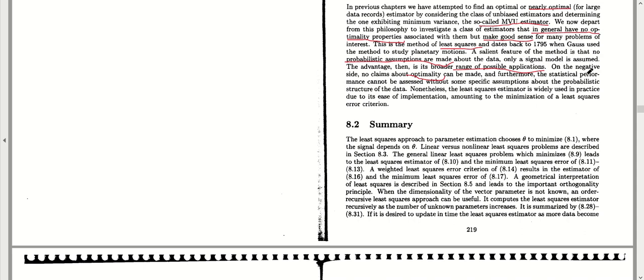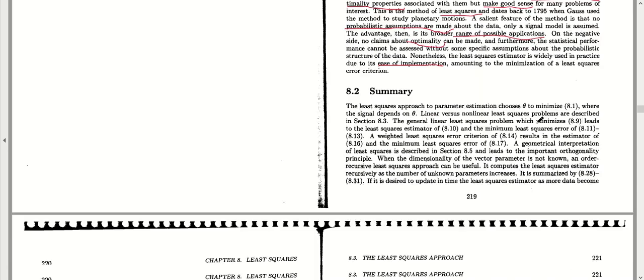And also the statistical performance cannot be assessed without more specific assumptions about the probabilistic structure of the data. However, the least square estimator is widely used in practice due to its ease of implementation. It's easy and simple.